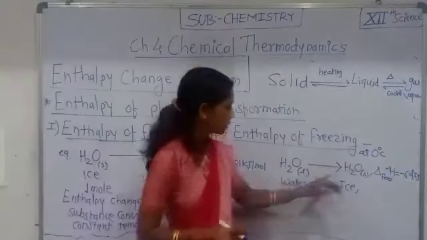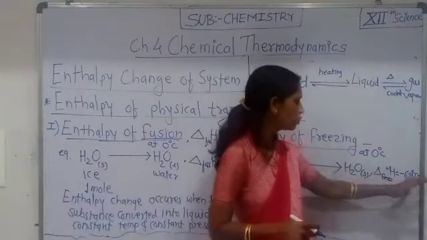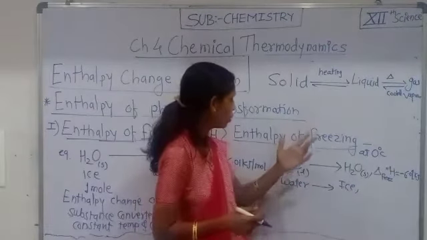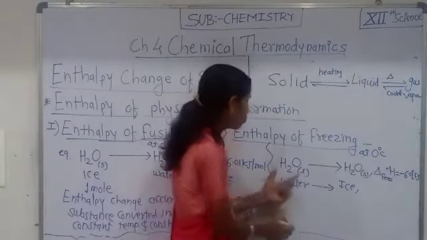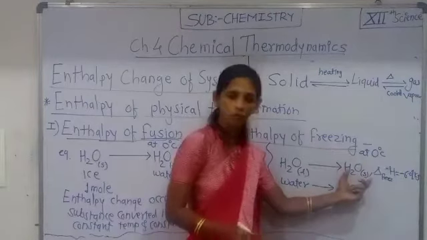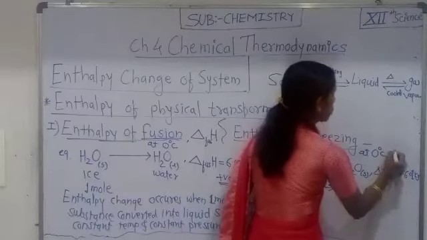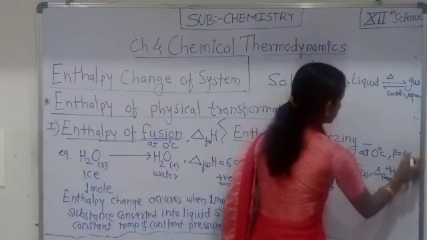Therefore 6.01 kilojoule of heat energy is evolved when 1 mole of water is converted into solid ice at 0 degree Celsius at constant pressure.